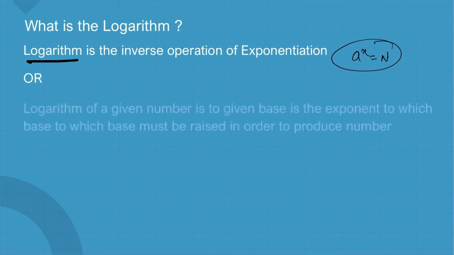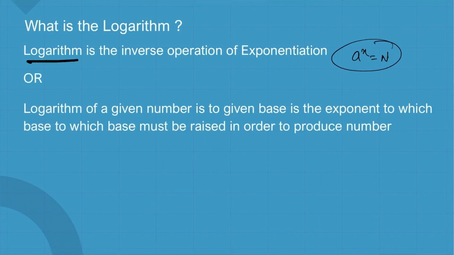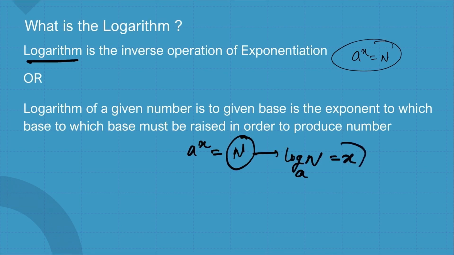Or we can say logarithm of a given number to a given base. For example, if we are taking a raised to the power x is equal to N, then we can say that the logarithm of a given number, that is log of N, to a given base, that is small a, is the exponent to which the base must be raised in order to produce the number, and that is equal to x.